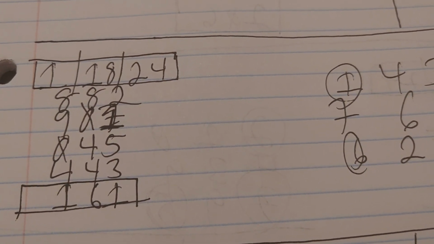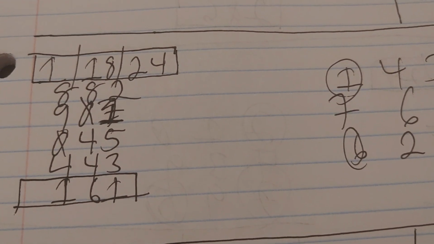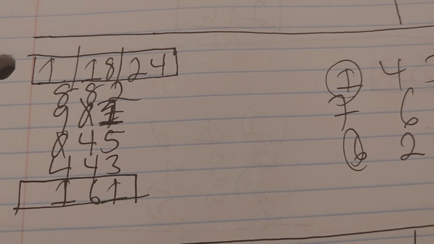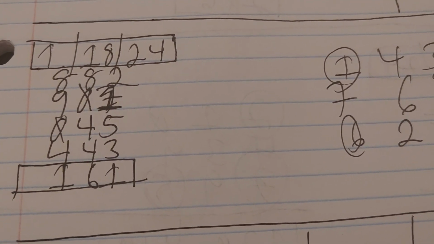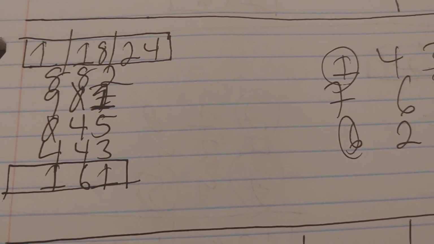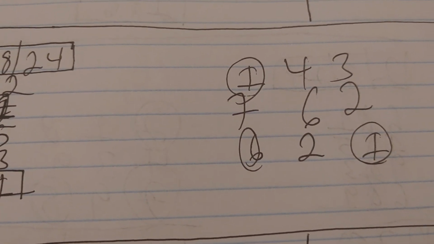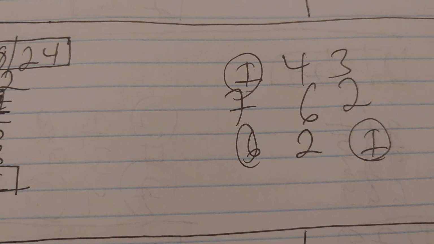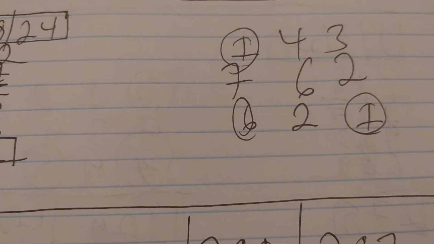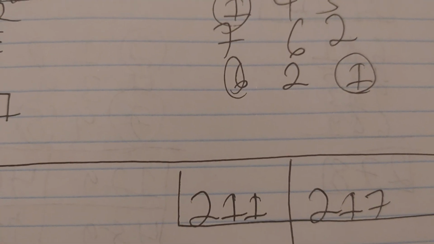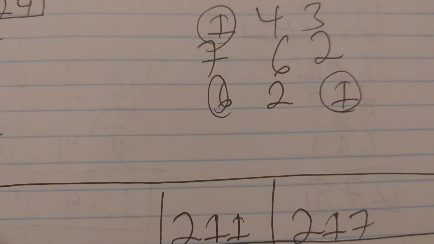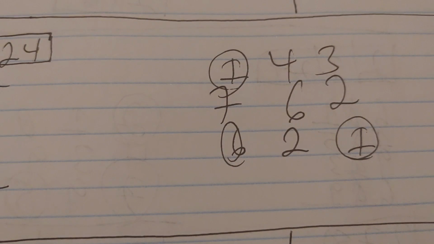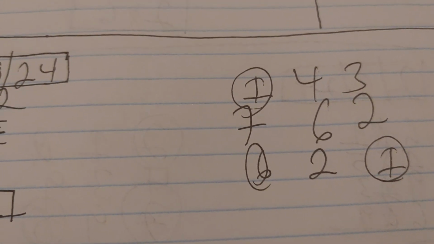January 18, 2024, you had 882 hit, 901 hit before that, then 045 and 443. If you add those up, that's 161 for the sum. You're going to do your box as already shown, and then the next 7 days on that was 211 that hit, and 217 that hit in the next 7 days.